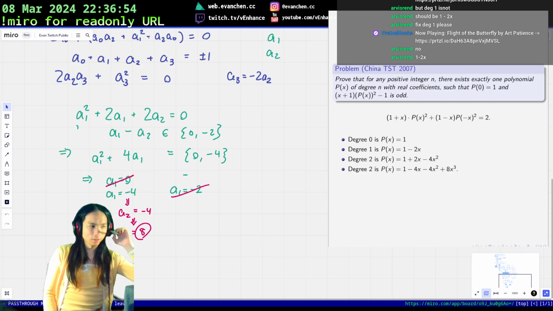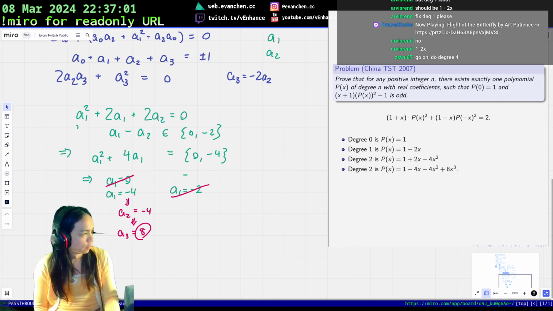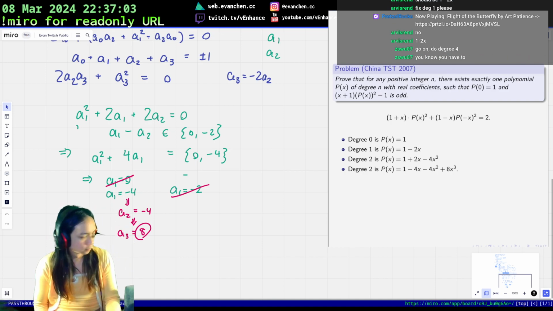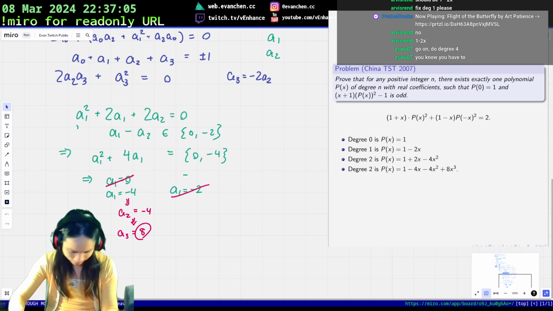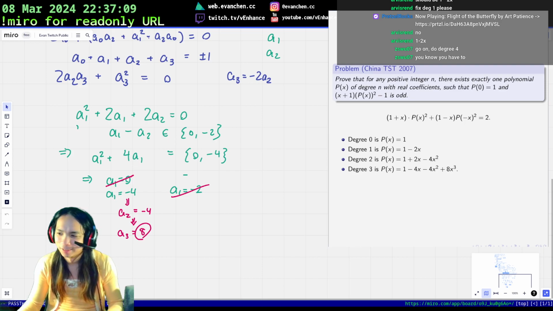Can someone tell me whether this is right, then I can move on with my life, or go on to degree 4, alright. You know you have to. Do I have to? I don't feel like I have to, but it's probably good. Yeah. Seems a little silly not to.